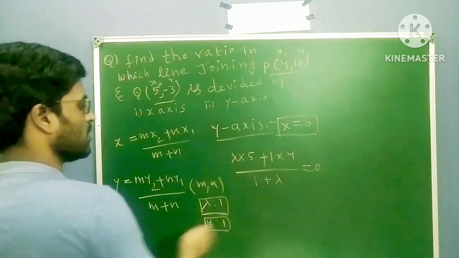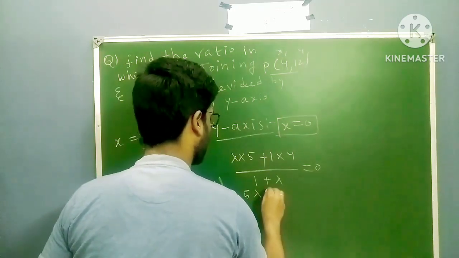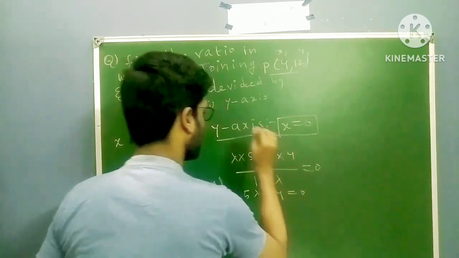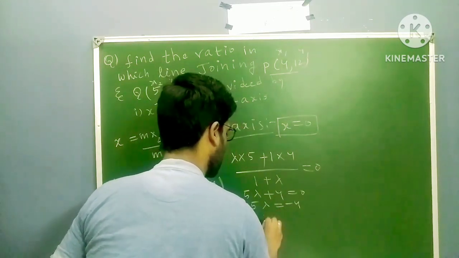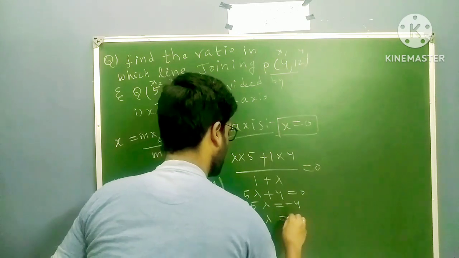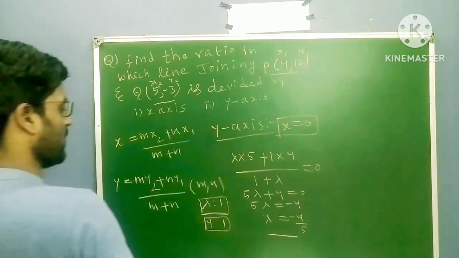This into 0, so 5 lambda plus 4 equal to 0. So 5 lambda equal to minus 4, lambda equal to minus 4 by 5.